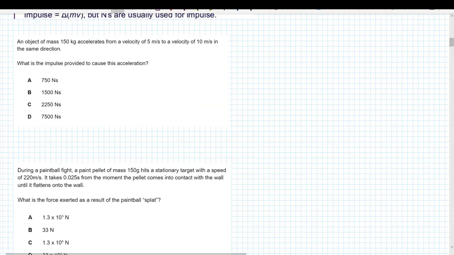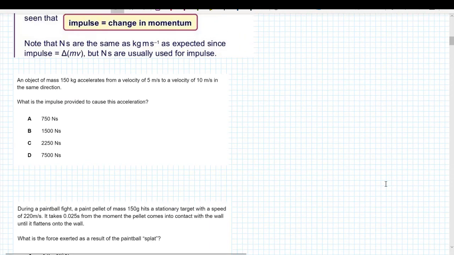Yes, guys, let's solve some questions about impulse. The question says there is an object of mass 150 kilograms that accelerates from a velocity of 5 meter per second to a velocity of 10 meter per second in the same direction.